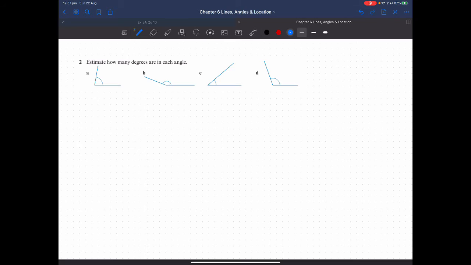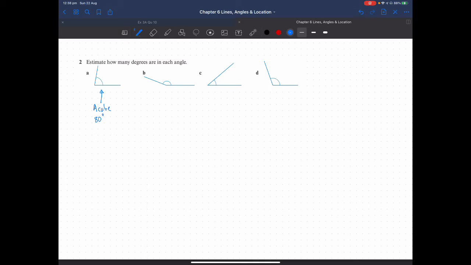We're now asked to estimate how many degrees are in each angle. An estimate is an approximation, so we will not necessarily get the exact answer. So if I'm looking at A, I can see I have an acute angle. It's less than 90 degrees, but I can see it's close to 90 degrees, so it might be 80 degrees.